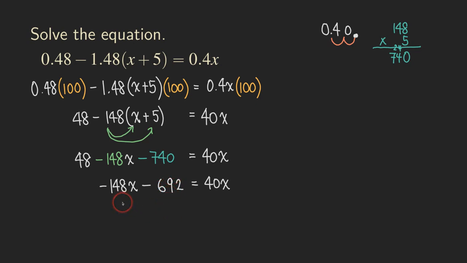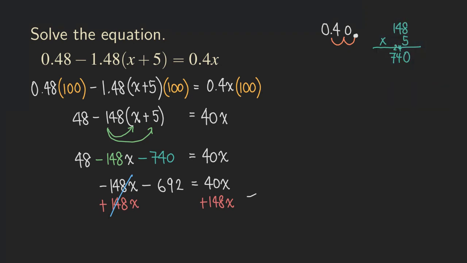So let's do that. So we can add 148x. And see that those two terms will get canceled because we have one positive 148 and the other one is negative 148. So we can cancel them completely. Then you are going to get 0 for that.